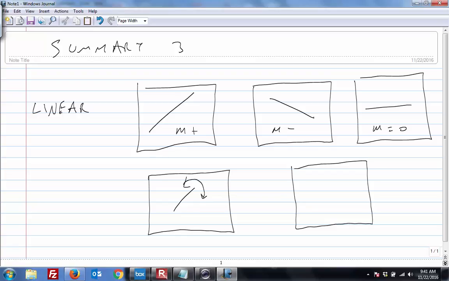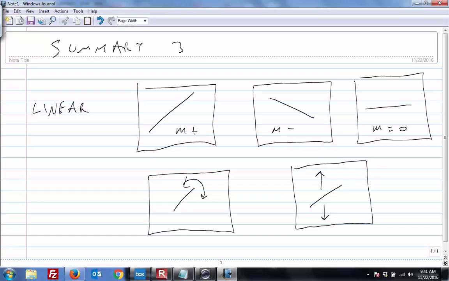So as m changes, it rotates, or it can move up and down. Now you might say, well, can it move right to left? Yeah, but that's the same as moving up and down. So if it moves right, it moved down. If it moved up, it moved left. It's just the line, right?